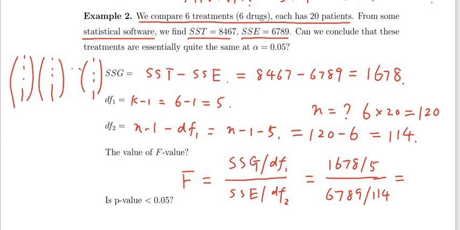Divide by 5, and 6, 7, 8, 9 divided by 114. It equals 5.63.